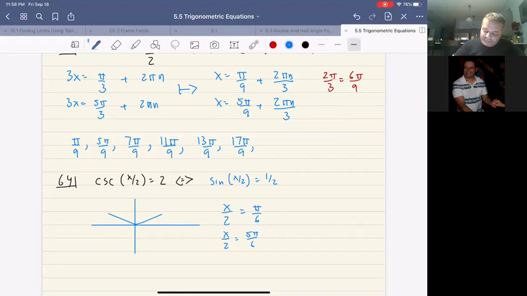So our x here is going to be pi over 3, and here 5 pi over 3. If I had the plus 2 pi n, it would become plus 4 pi n, and there's no way we're going to get solutions between 0 and 2 pi.